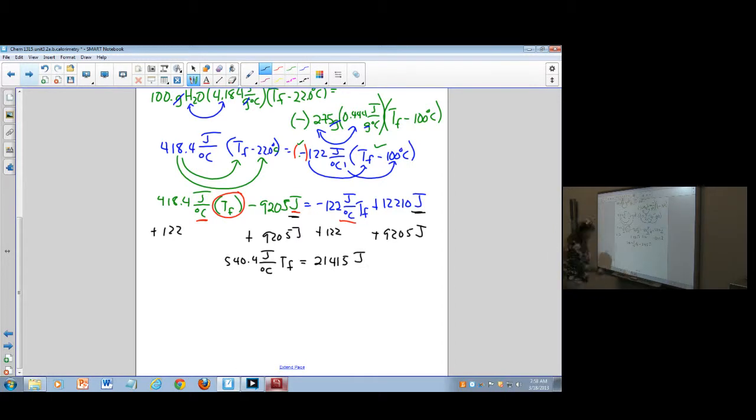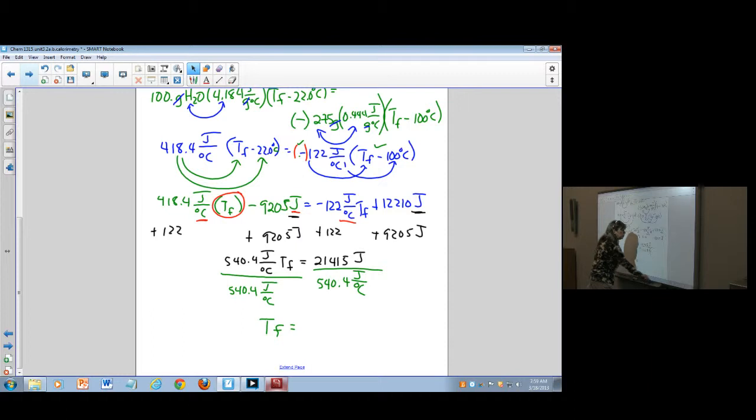Now, to find the final temperature, I'm going to divide everything by 540.4 joules per degree Celsius. The final temperature is going to end up being, now let's look at what happens to the units here.